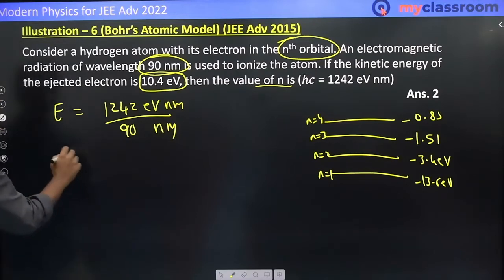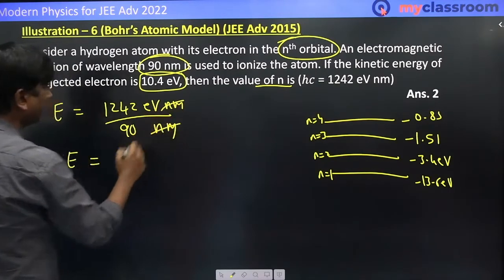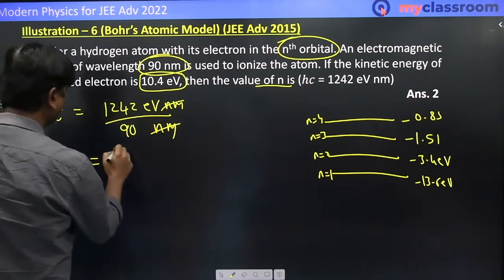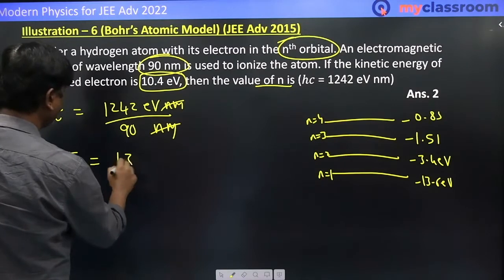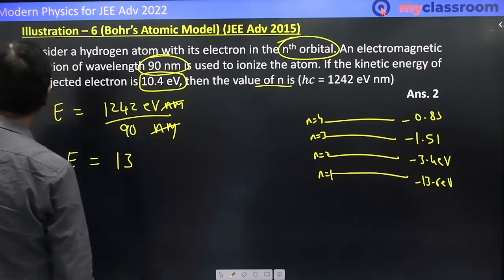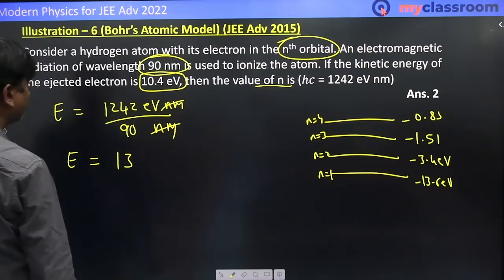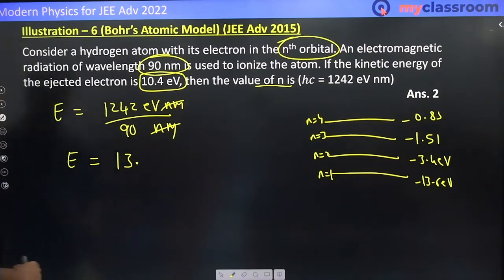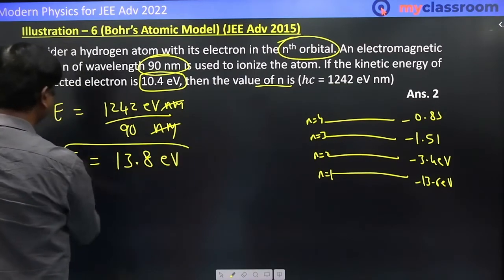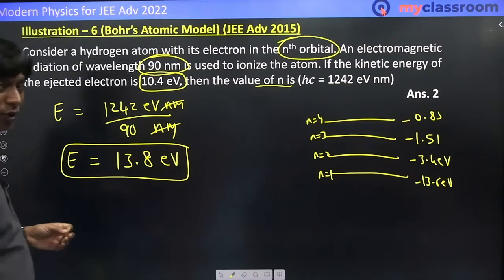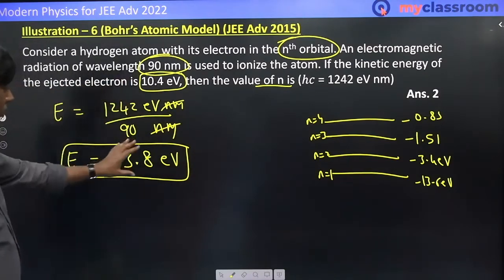In electron volts only you will get, nanometer cancels. So this value comes out to be about 13.8 electron volts. This is the energy of each photon you are getting.